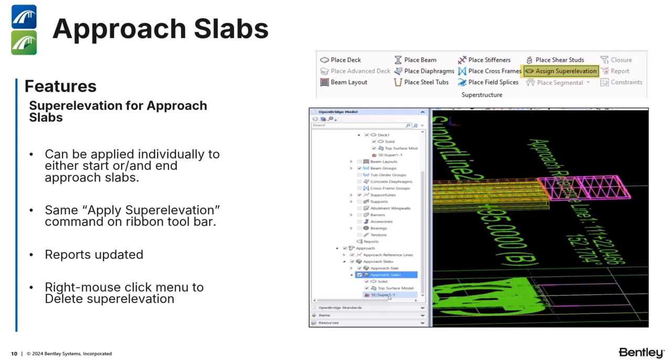But on the approach slabs, we actually had to create a super elevation table to mimic that. So now we can assign a super elevation directly to the approach slab, the same one that you assign to the deck, and it will just accommodate to that. Of course, the reports are updated, and so it allows you to do that much easier now.